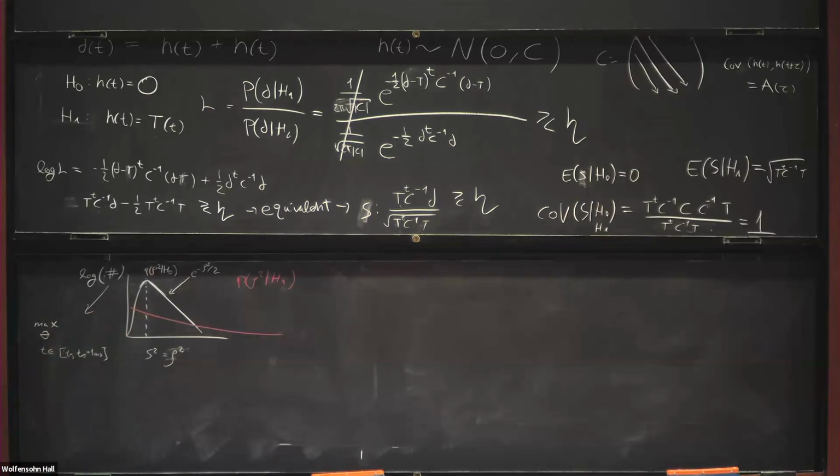It actually diverges near 0, so it's a bad notation. No, it does not diverge near 0. It does like that, because the maximization is going to kick in. Anyway, this is the probability of rho squared given h1.